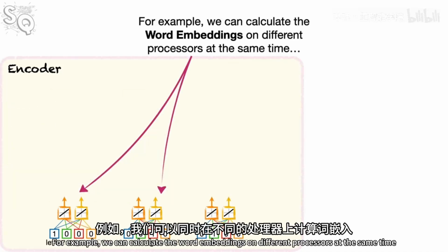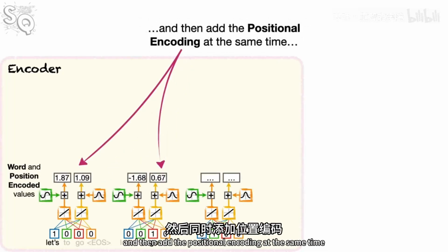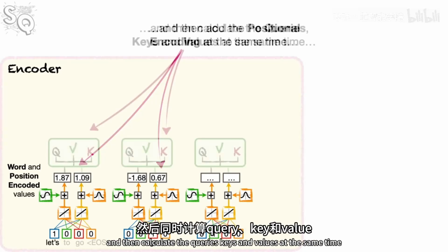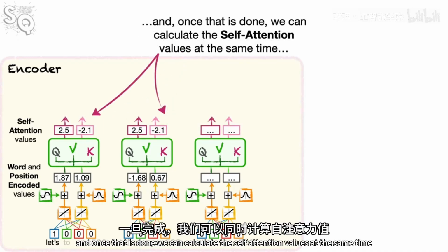For example, we can calculate the word embeddings on different processors at the same time, and then add the positional encoding at the same time, and then calculate the queries, keys, and values at the same time. And once that is done, we can calculate the self-attention values at the same time.